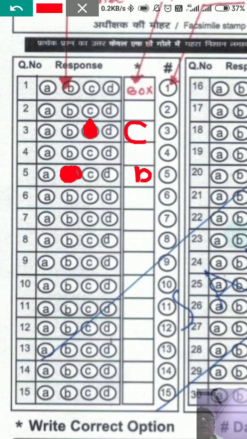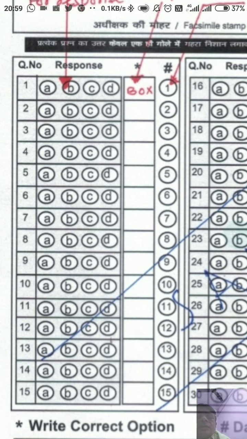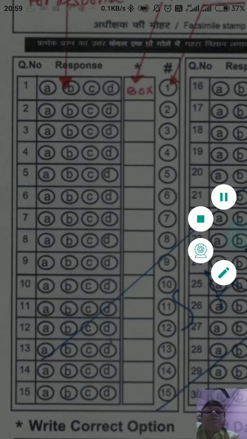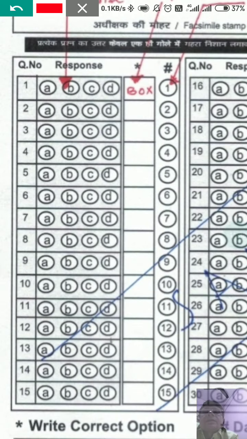But one thing that is very, very important, you must understand. Suppose for some particular question in mathematics, where there is rigorous numerical calculation, sometimes you feel that in question number 4 the correct answer is A, and you darken it.